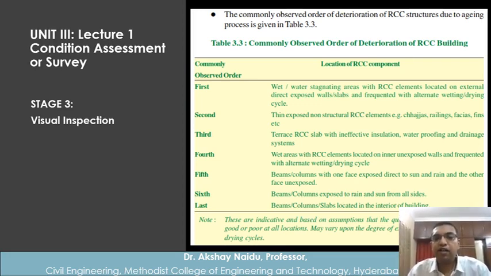First, wet and water stagnating areas with RCC elements located on external directly exposed walls and slabs are frequented with alternating wetting and drying cycles. So the first observation one can make is where the wetting in the building is and where there is water stagnation. Next, because there may be some leak somewhere.